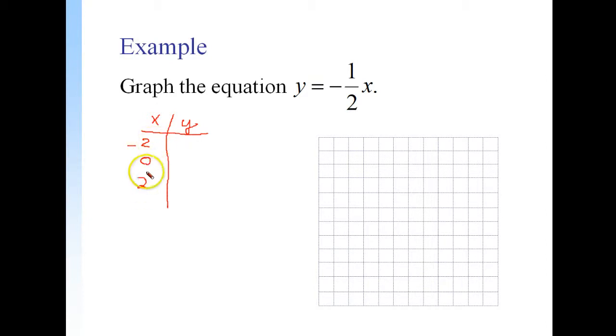Why did we choose 2's here? Well, because when we multiply, they cancel out nicely. So here, if this is a -2, this becomes a +1. If this is a 0, then y is a 0.